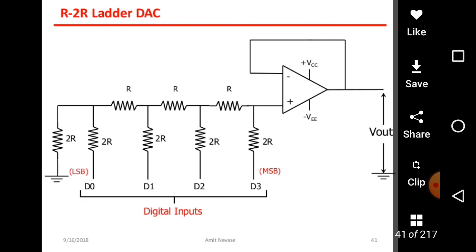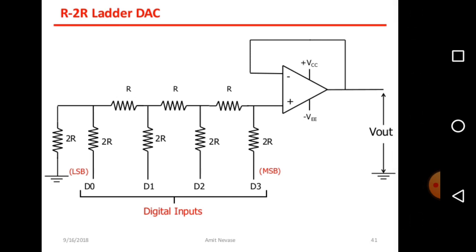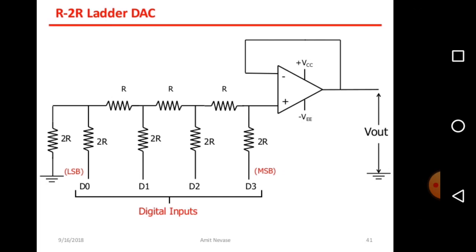Here also you can see digital inputs D0, D1, D2, D3, where D0 is LSB and D3 is MSB. The non-inverting terminal is connected to the inputs and the inverting terminal is connected as feedback, and you will get output as Vout in the form of analog.